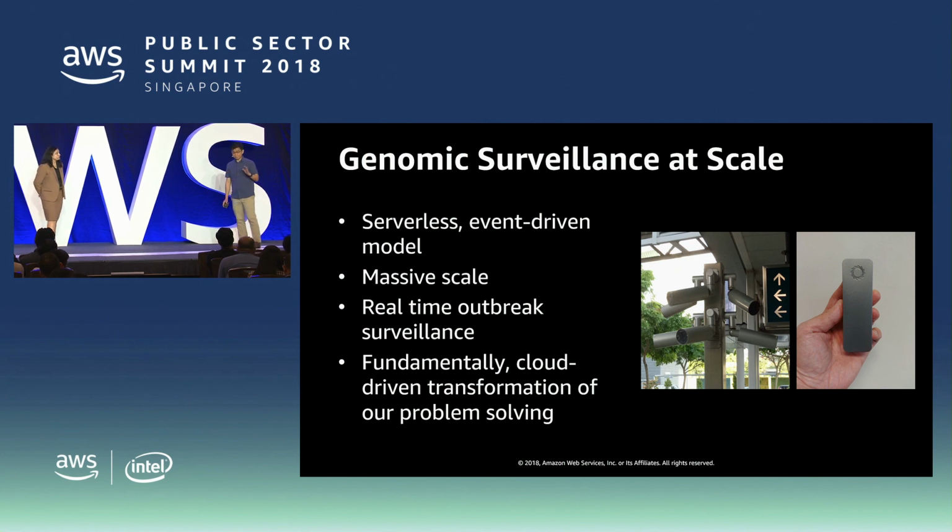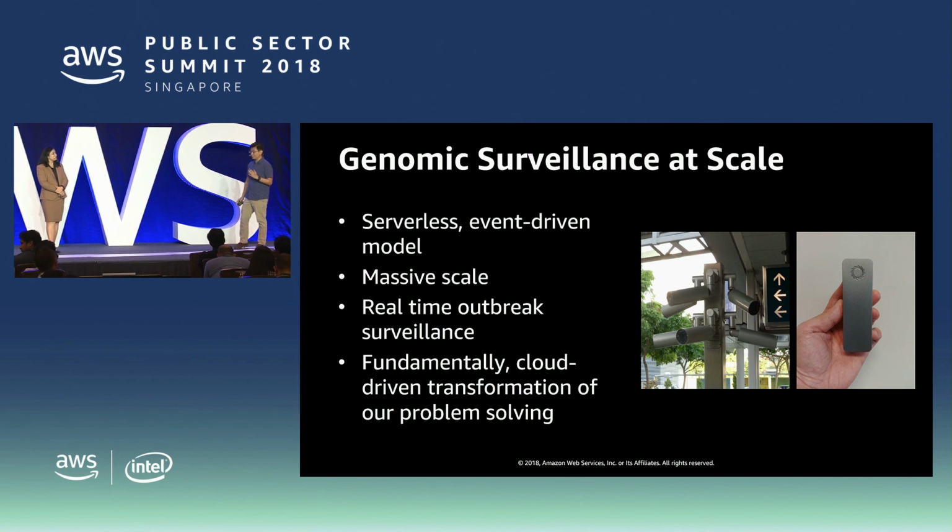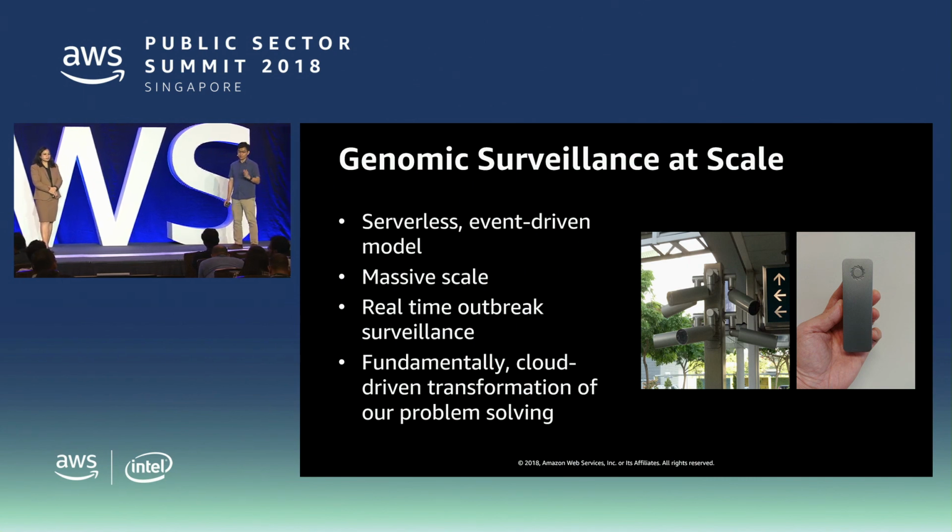Wow. And I'm saying that not because it's a hard problem, but because with that kind of data resolution, real-time outbreak monitoring and surveillance becomes easy, which is incredible. So this is fundamentally changing the way we look at problems. Something that was impossible before now becomes easy, a low-hanging fruit.